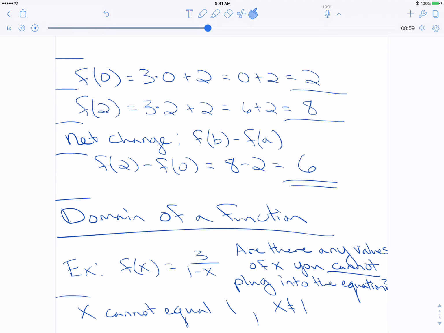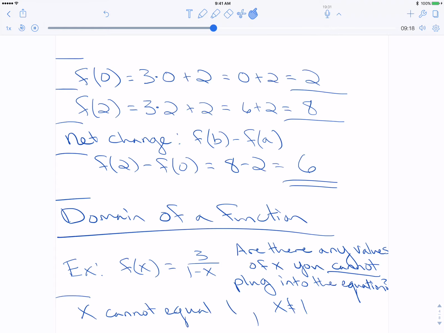And that allows me to then say, are there any other values? No, that's the only one that I can't substitute in. Everything else will be defined. It'll give me a value for f of x. So that's the one that I have to exclude.